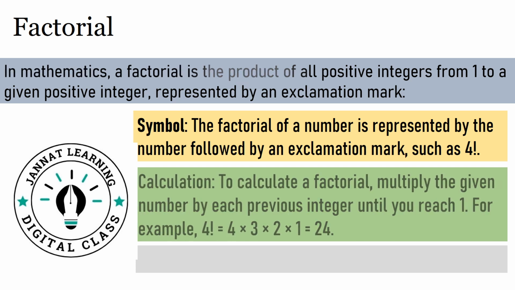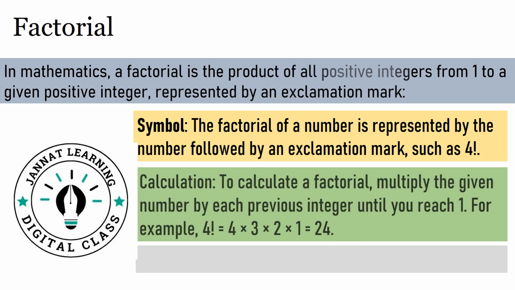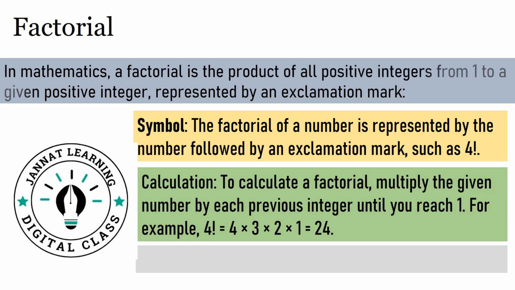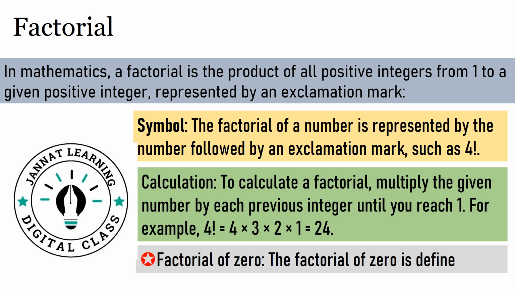Calculation: to calculate a factorial, multiply the given number by each previous integer until you reach 1. For example, 4 factorial equals 4 multiply 3 multiply 2 multiply 1, which is equal to 24. Factorial of 0: the factorial of 0 is defined as 1.